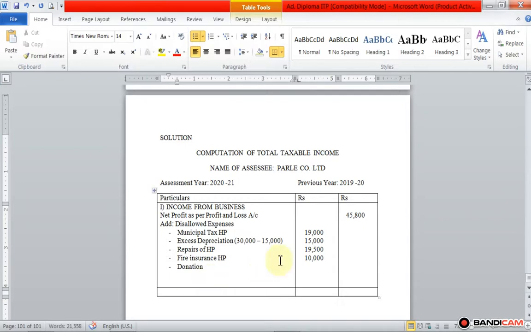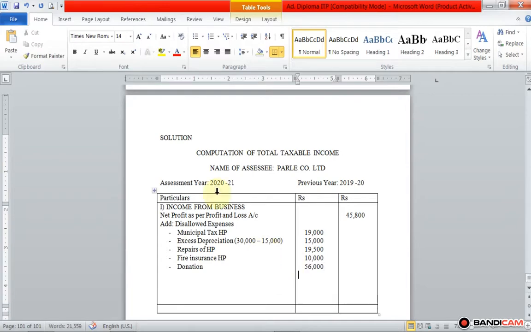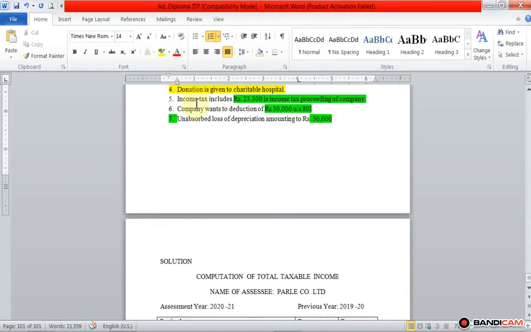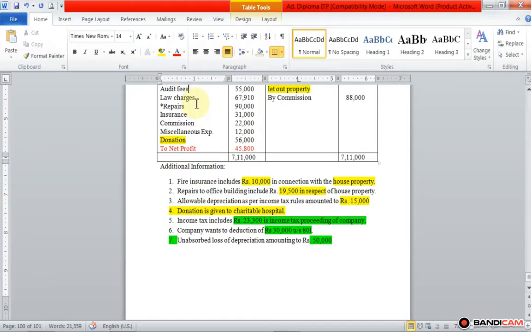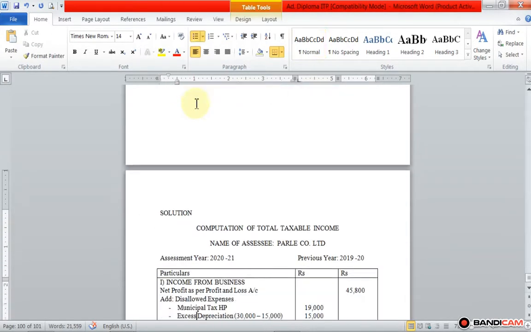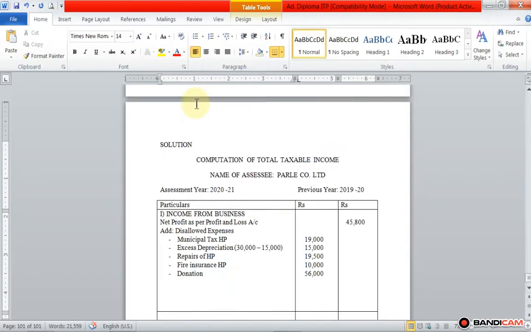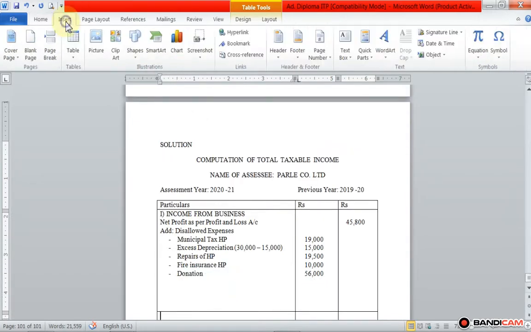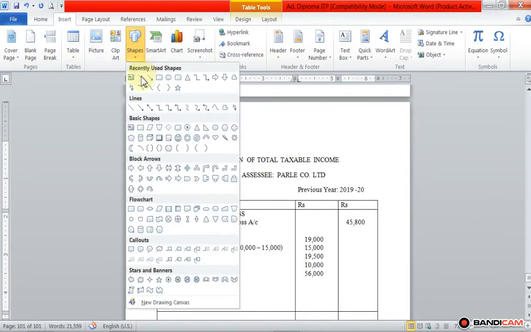Here we take into consideration all these disallowed expenses. So make the total of the inner column and add this total to net profit.